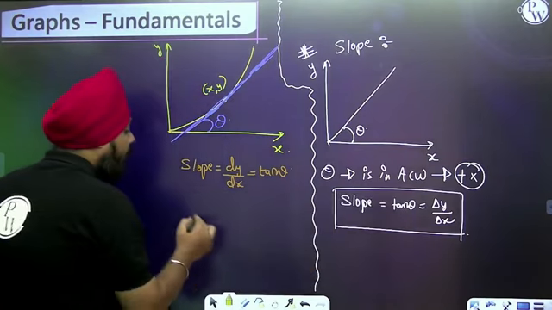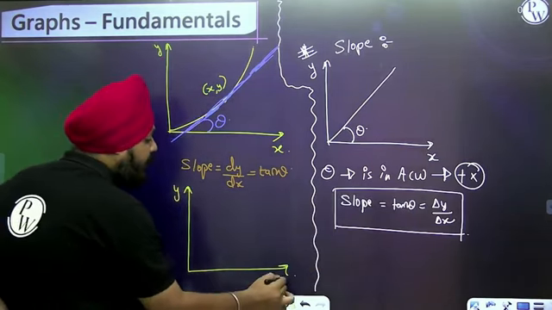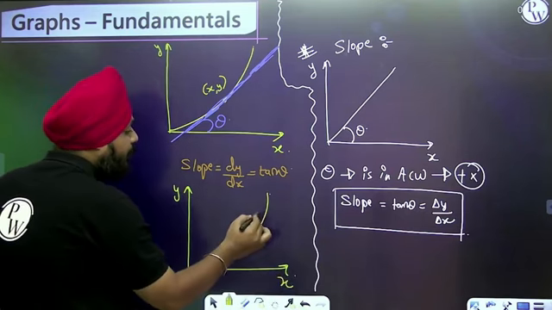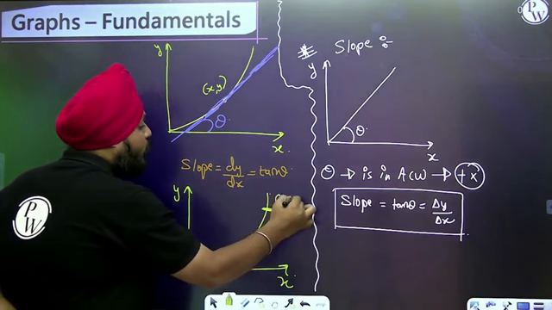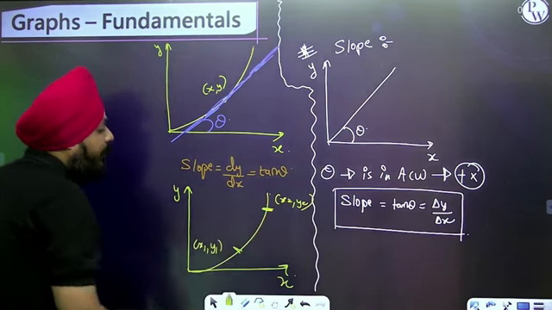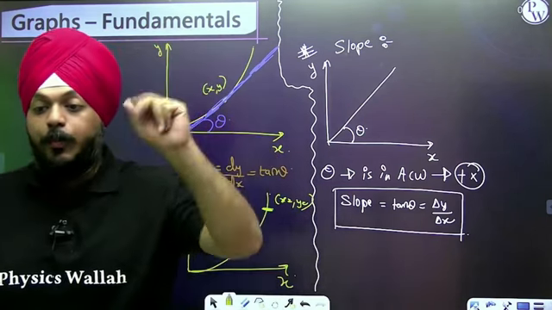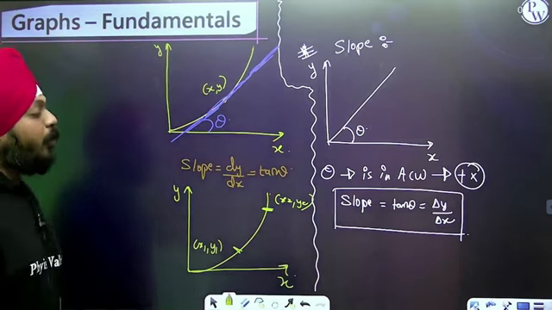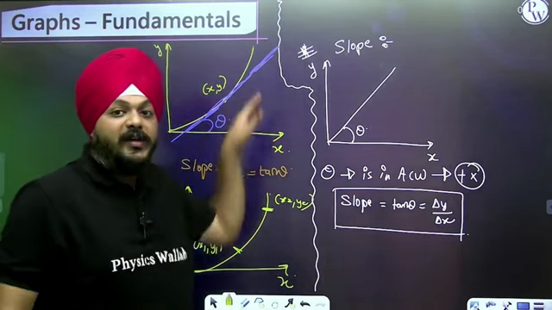Suppose the graph is crossing through 2 points. This is x2 comma y2, this is x1 comma y1. The curve is crossing through the 2 points. How are you going to identify the slope in that case? If it is crossing through 1 point, draw the tangent.